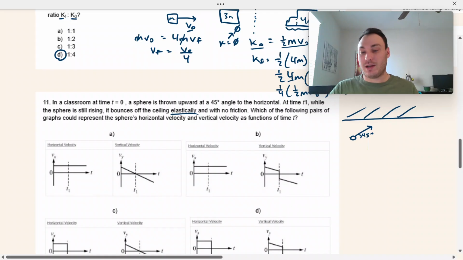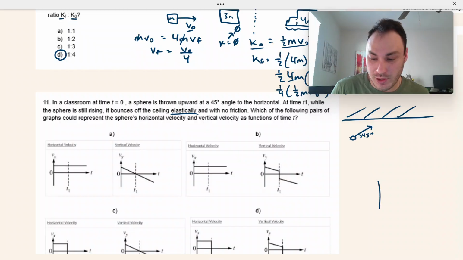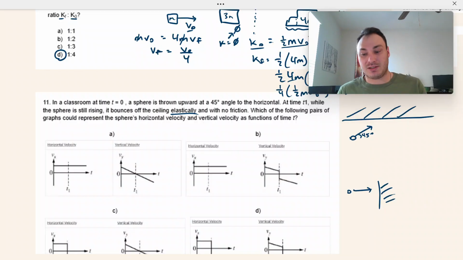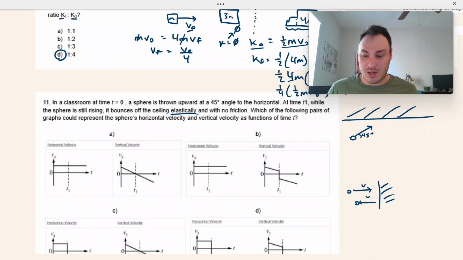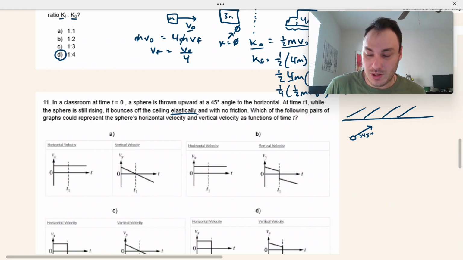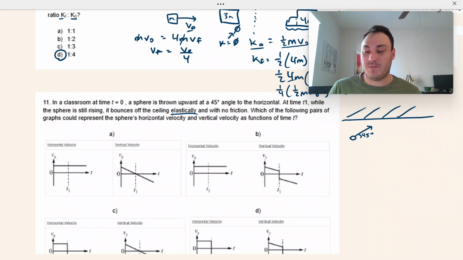So you kind of have to notice what a perfectly elastic collision looks like. If we were throwing this ball along a horizontal wall, a perfectly elastic collision would mean the ball just bounces right back with the same velocity, but in the opposite direction. With this ceiling problem, something similar is going to happen, but it's not going to bounce back this way.